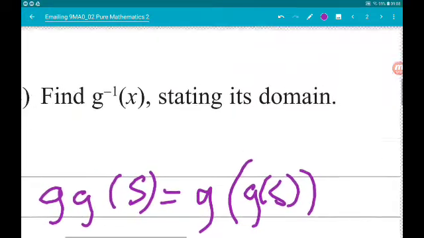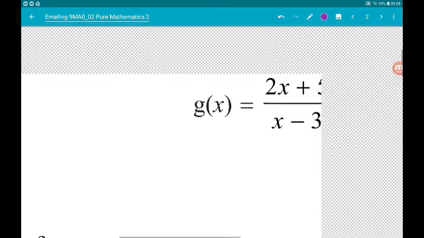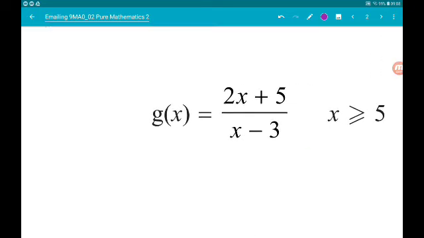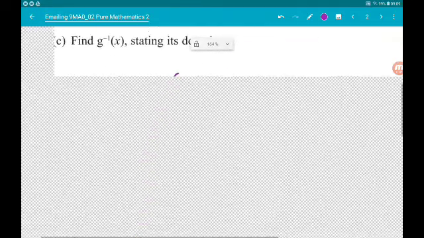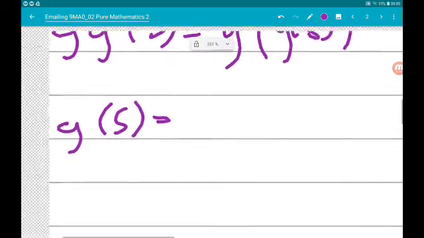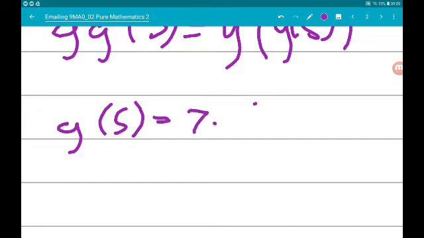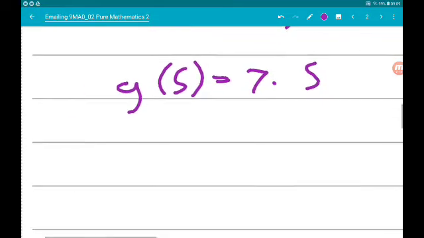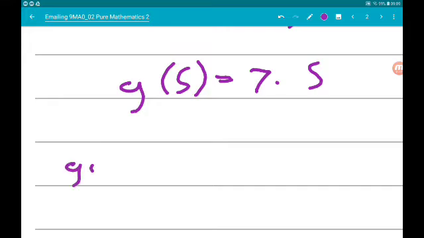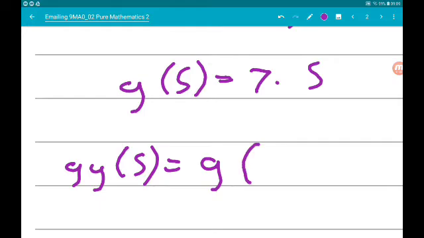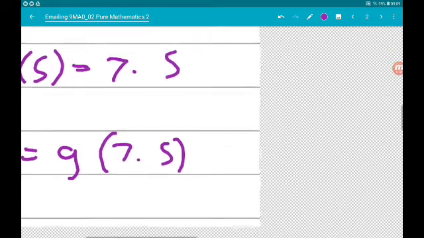That's going to be 2 times 5 add 5, which is 15, over 5 take 3, which is 2. So 15 over 2 is 7.5. So g of 5 is 7.5, so we need g of 7.5.